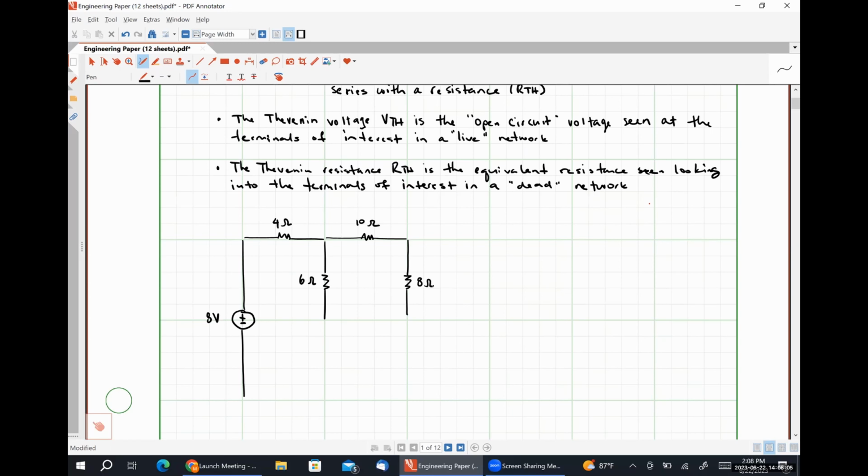An 8 ohm resistor here. Let's put a 3 volt source down here. Two ohm resistor here. And then I'm going to put a load resistor here, RL. And that load resistor is what we're going to find the Thevenin equivalent circuit with respect to, okay? So this is our circuit of interest, and we are trying to find the Thevenin equivalent circuit with respect to the load resistance RL. So I'm going to write that down here.